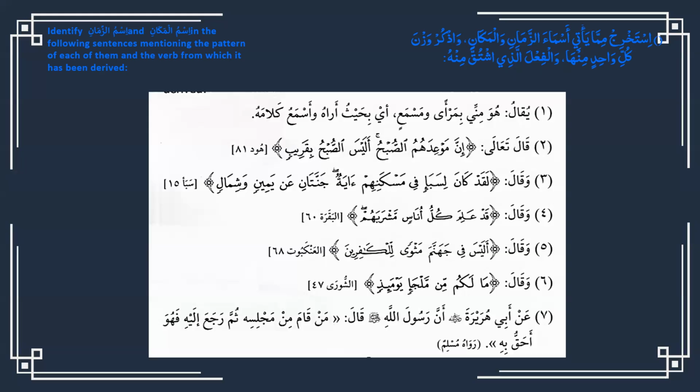I think I have to fix this, because this is from Surah Saba, and it is talking about Saba itself. So let me make sure I have the correct understanding. It talks about the two gardens.